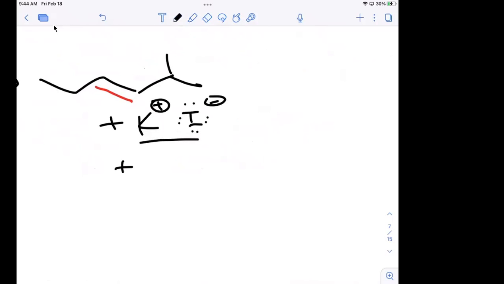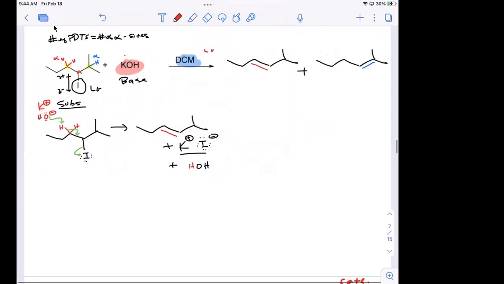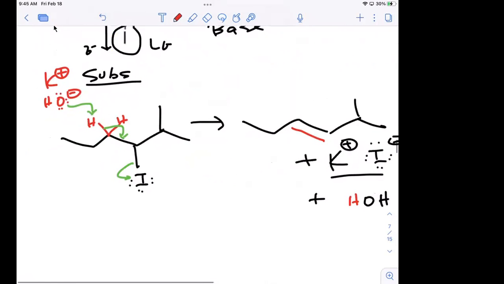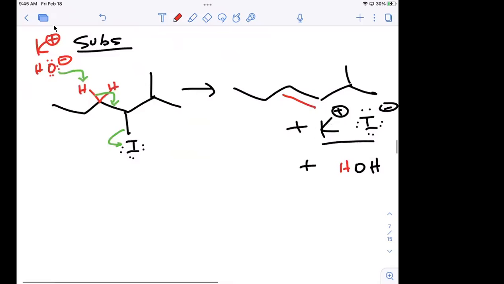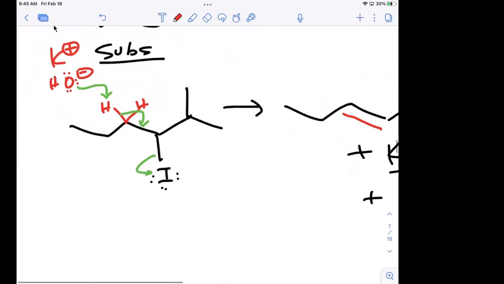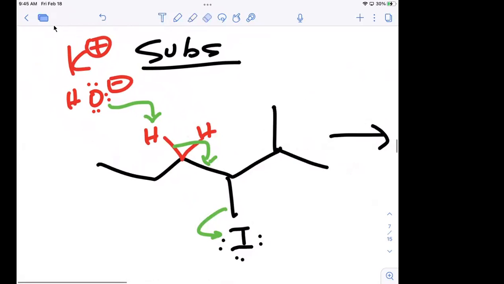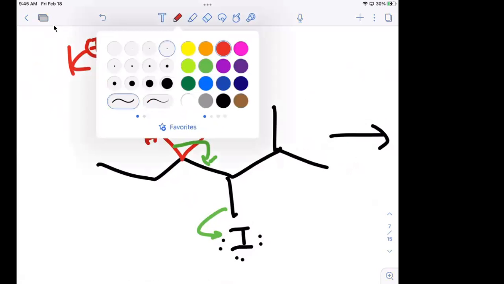So I get that plus water. Does everybody see where the water came from? The OH, the proton transfer, so now it becomes H2O. And it's the potassium that was with KOH. Let me make that a different color, so this might make this a little more clear. I'll make it blue.